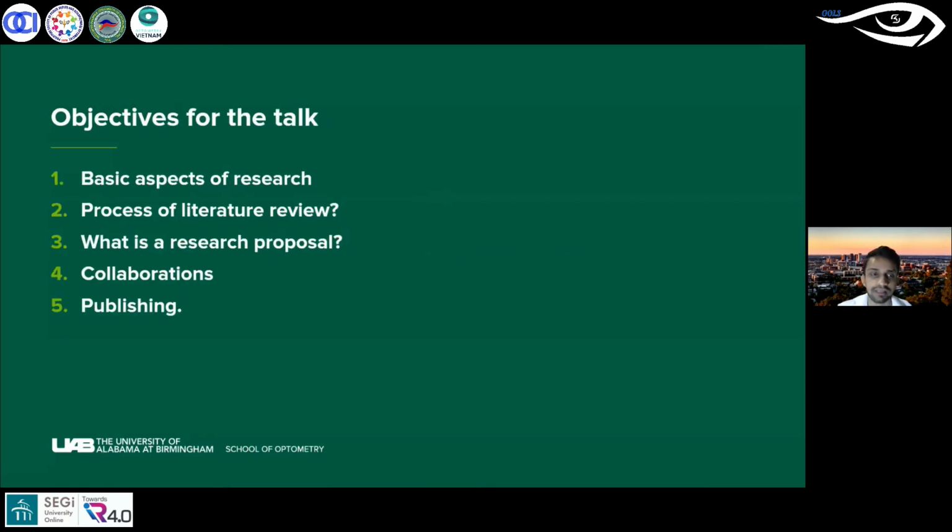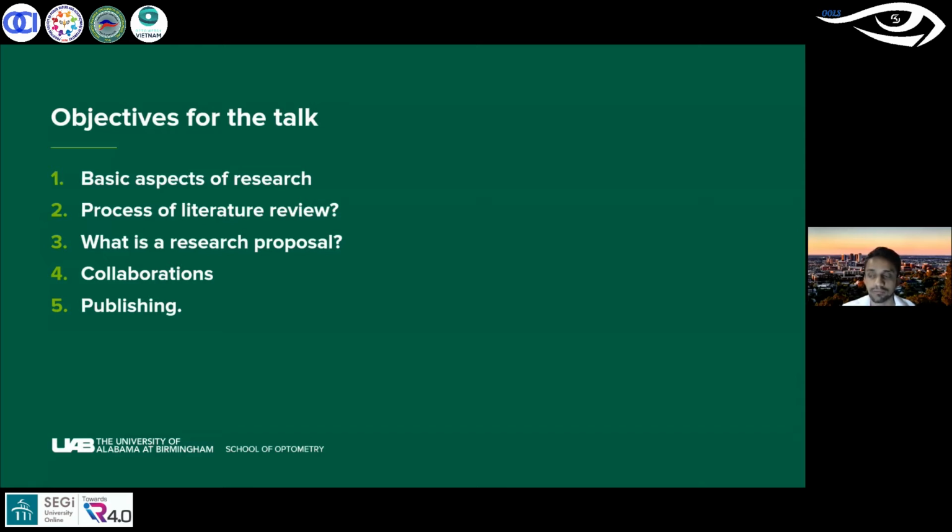So, having that cleared out, the objectives of the talk are, since most of you are students or optometrists in clinical settings, the basic aspects of research, that is, what are the basic things that one needs to know or cover before you dive into any research. And the process of literature review, which is, I think, what people primarily struggle with most.